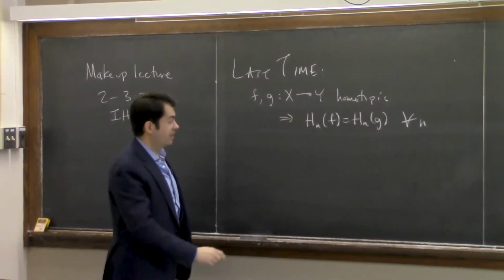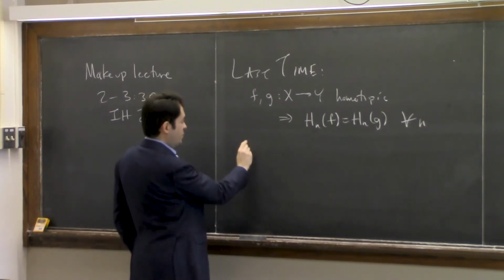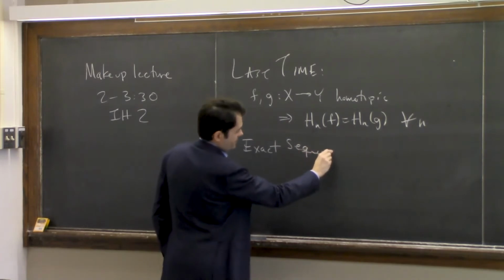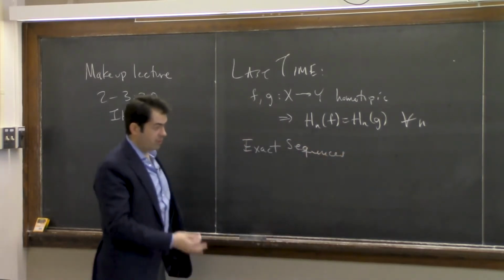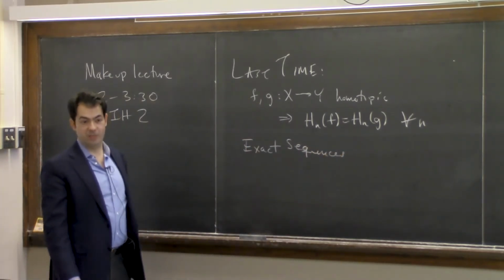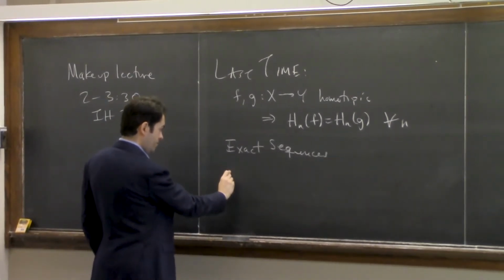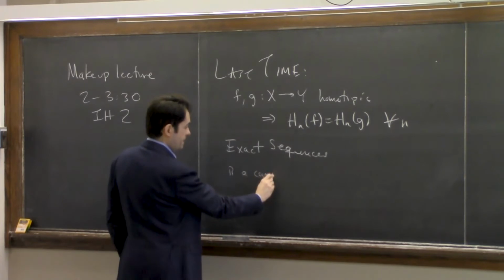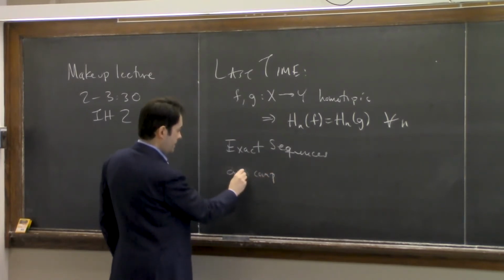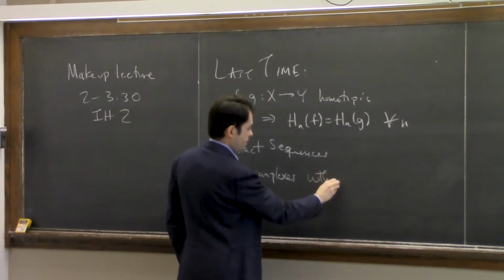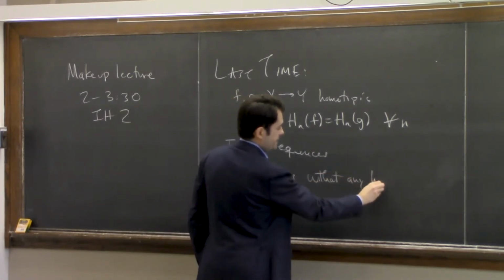And then we started talking about exact sequences, which show up everywhere in algebraic topology. So we saw that an exact sequence is a complex without any homology.